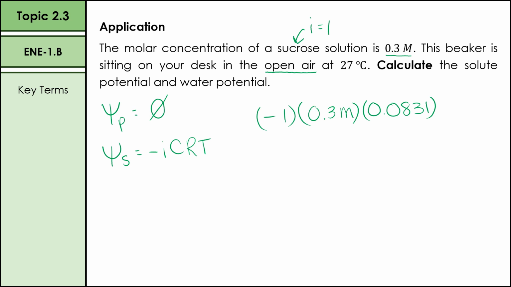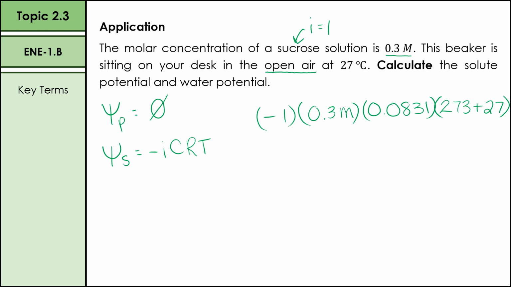And then finally, we come to temperature. For temperature, we're going to need to convert this to Kelvin, so we have 273 plus our temperature in Celsius, 27 degrees Celsius. And this is going to be the initial setup of solving for our solute potential.